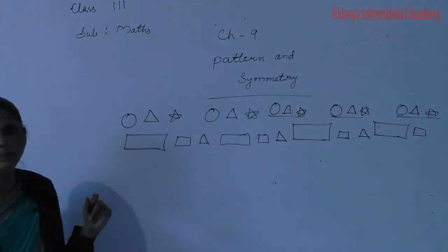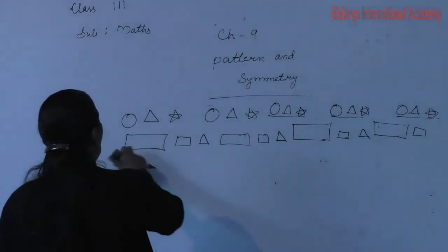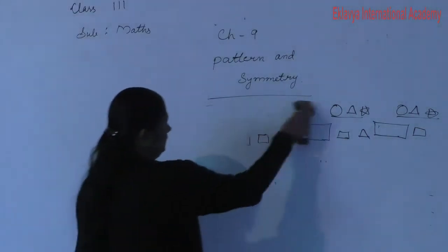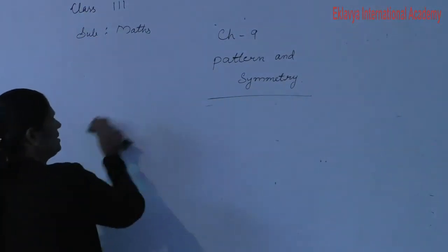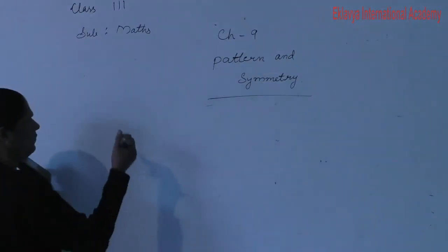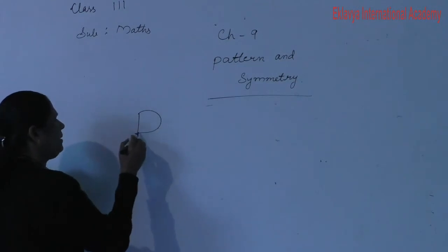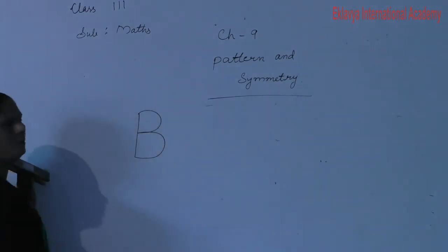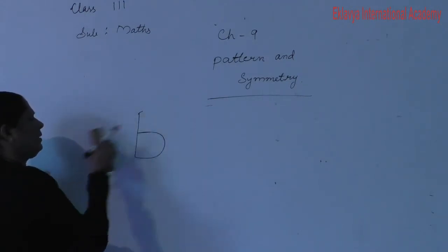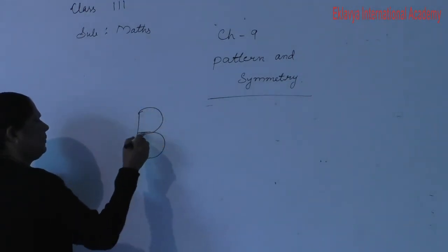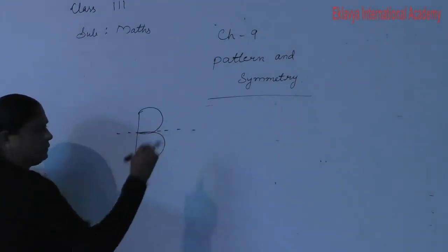Then next, symmetry. Symmetry means we get a half of anything. Then that is the symmetry. First our alphabet letters, then B. Look here, B. The symmetrical point is, we cut this in two halves.